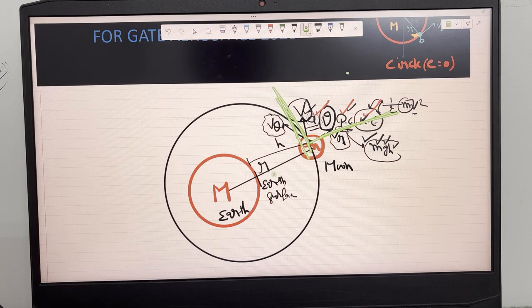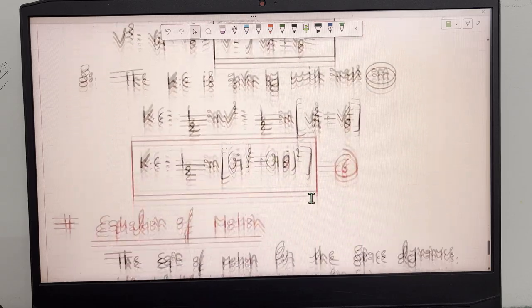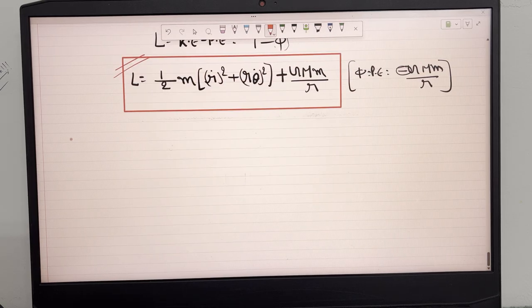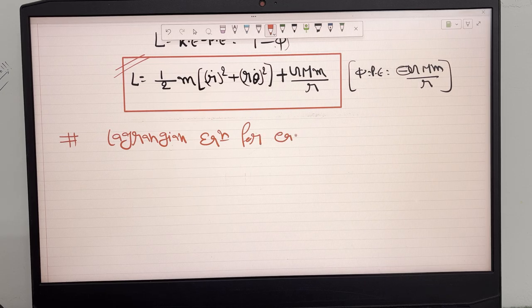That is why we are building our basics so that we can derive this. Now write the extension of this topic: the Lagrangian equation for each coordinate.